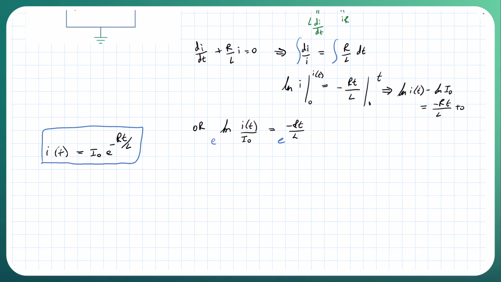Just like we did with the source-free RC circuits where we got the time constant, we can figure out the time constant for the RL circuit.